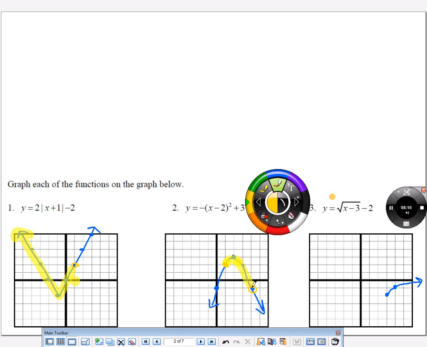All right, and then for the last graph, I wanted you to highlight the portion of the graph in the domain where x is greater than or equal to 4. Okay? So there's no second boundary in this one, just where x is greater than or equal to 4. So 1, 2, 3, 4. From 4 over forever, okay, that's the part of the graph I want you to highlight.